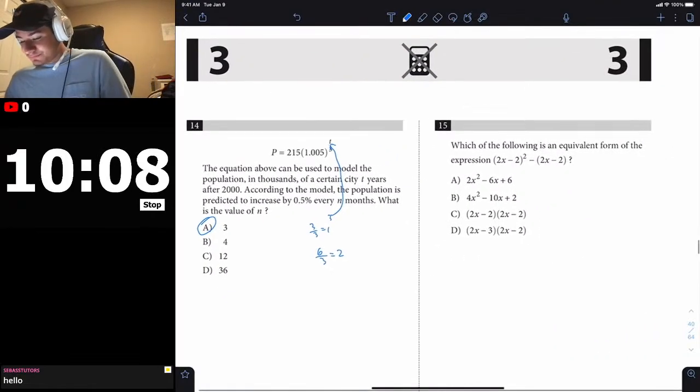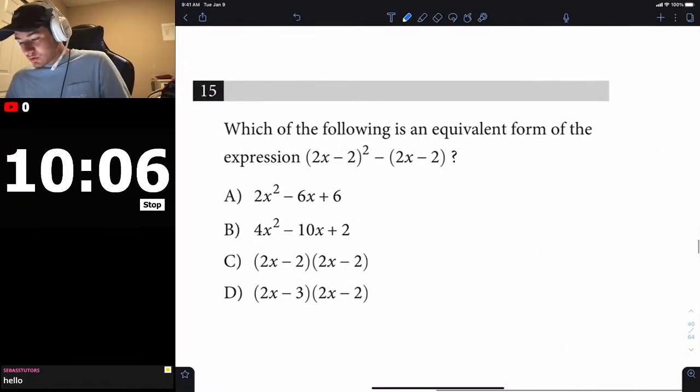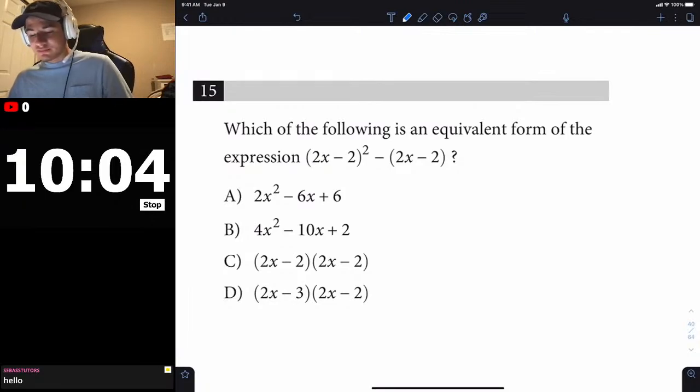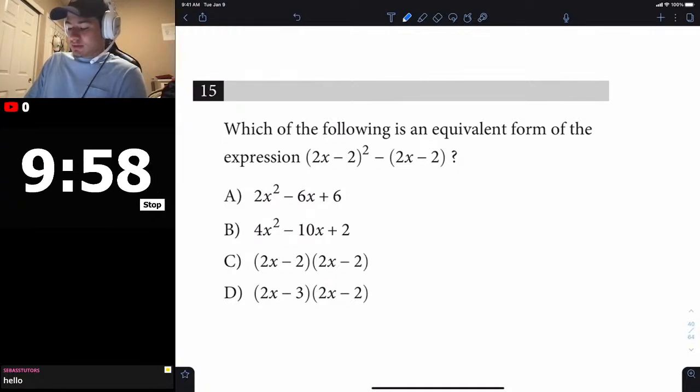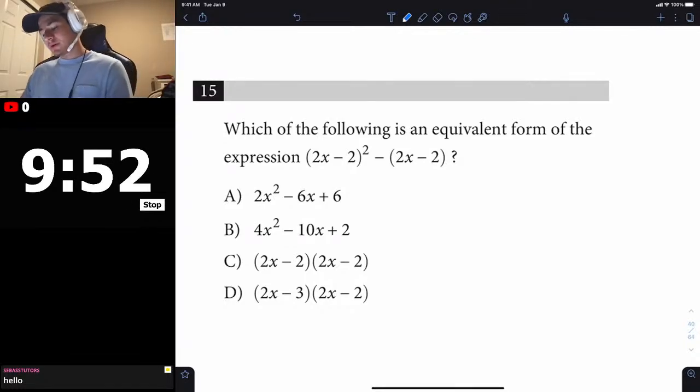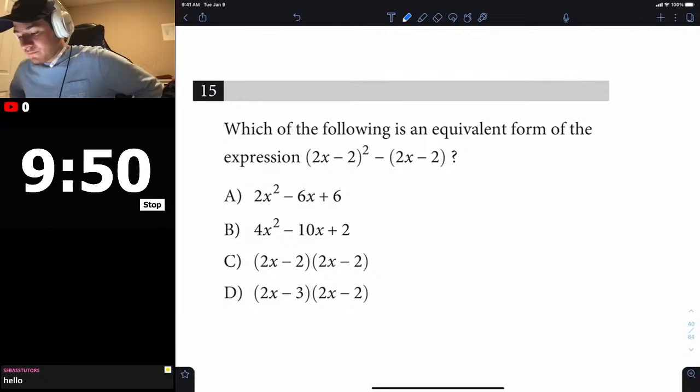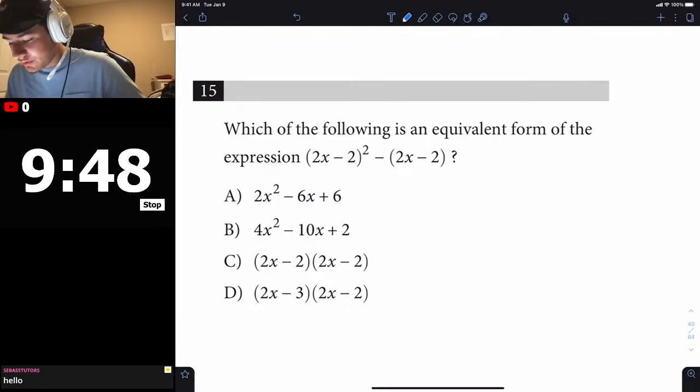All right. Which of the following is an equivalent form of the expression? Okay, well, I can go ahead and FOIL this.